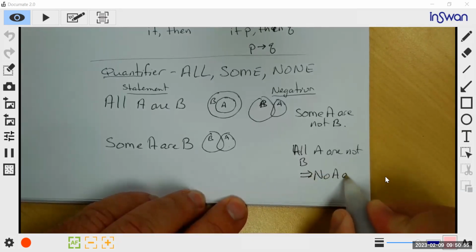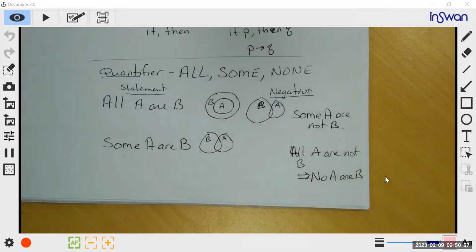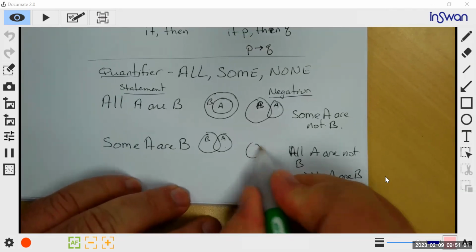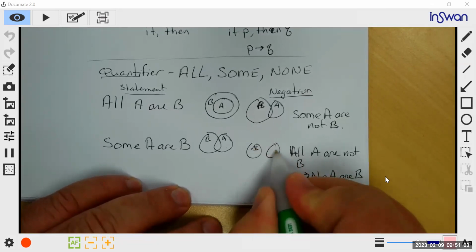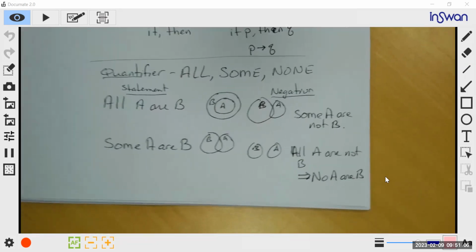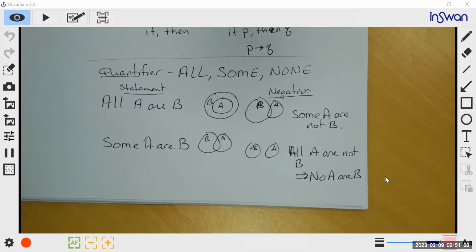No A are B. No A or B, so they have no overlapping.